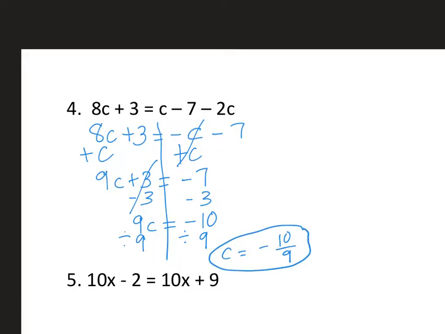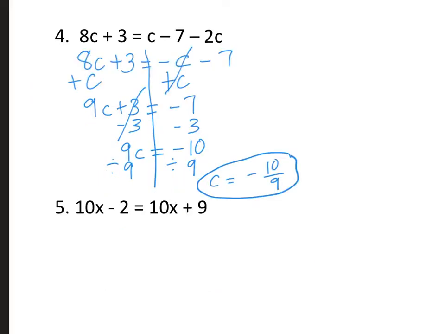Make sure you go back to the front and type in your answer, since this is the answer to number 4. Number 5, so go ahead and draw that line through the equal sign. I have variables on both sides, so I want to get rid of the smallest one.